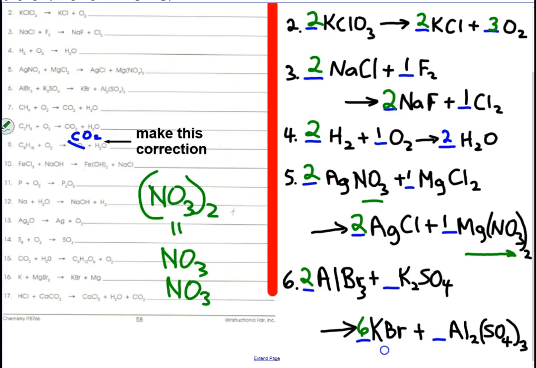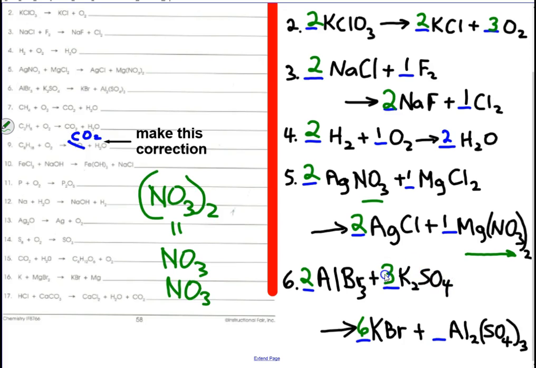And how do we fix our potassium and potassium sulfate? Times 3. And guess what we just did? We now have 6 potassium and 6 potassium on the other side, but we also fixed the sulfate. This happens a lot with equation balancing, which is very nice when it does.